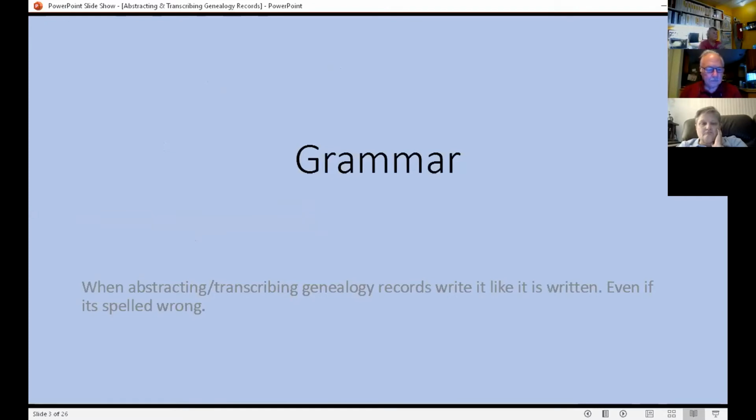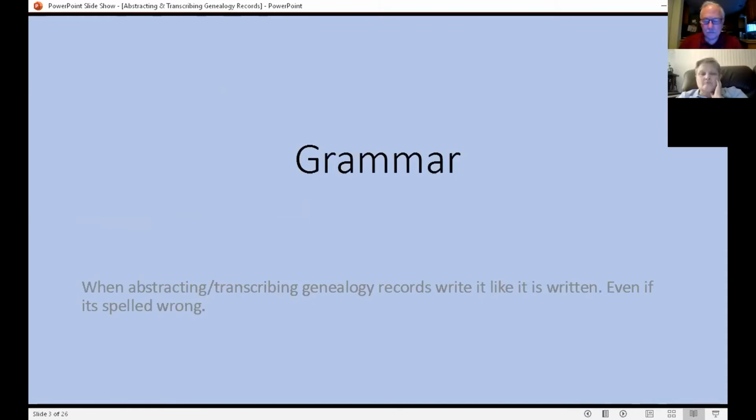The next part of this is the grammar. Through the different centuries, 18th and 19th century, and even before in the 17th and 16th century, the grammar has changed over time. And what we try to do when we're abstracting or transcribing the information is we write it as we see it.